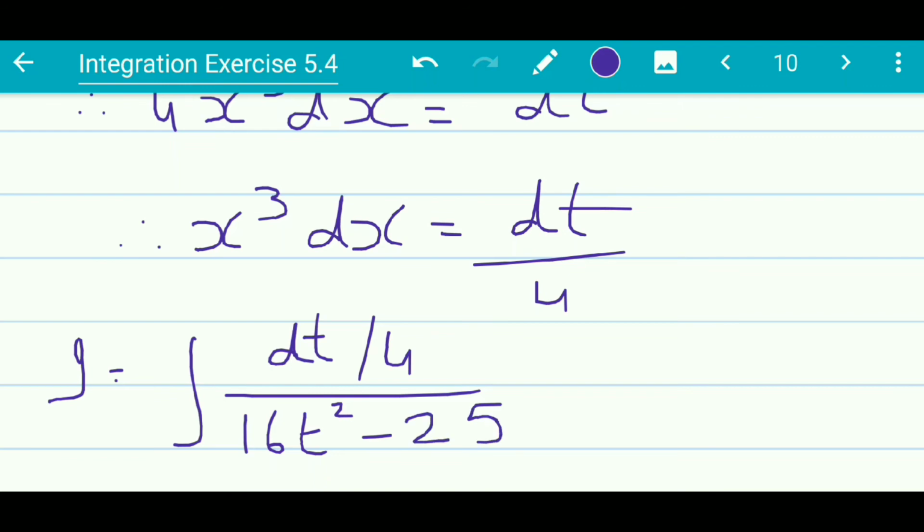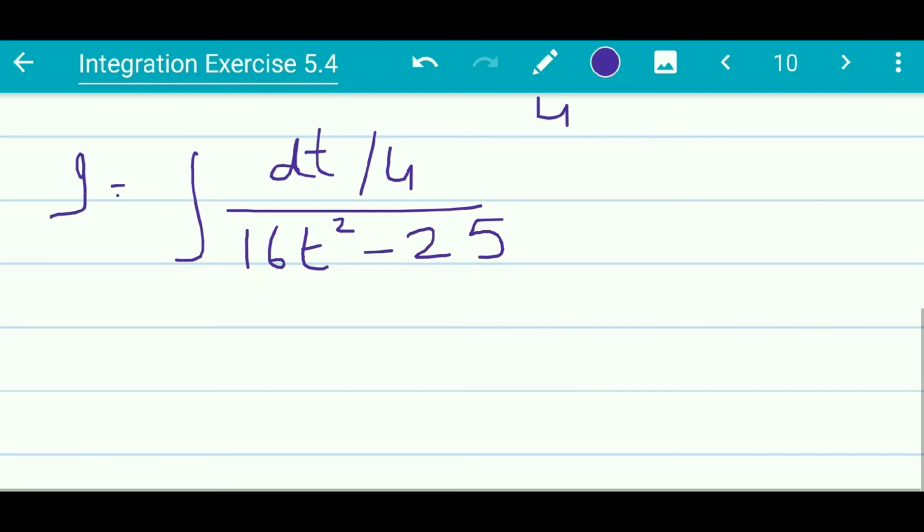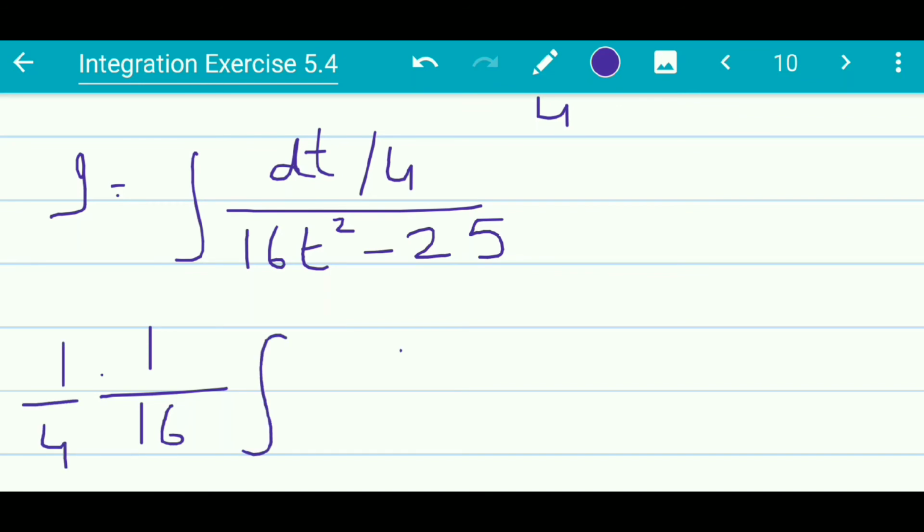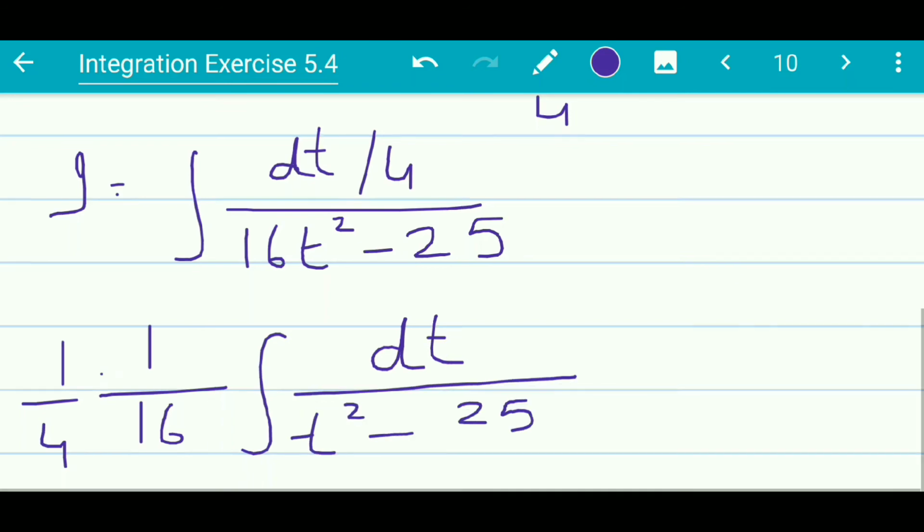Again, we don't want the coefficient for the square term, so we multiply and divide by 16. At the same time, we also remove that 1 upon 4 term outside. So we just get dt here. So dt upon t square minus 25 by 16.